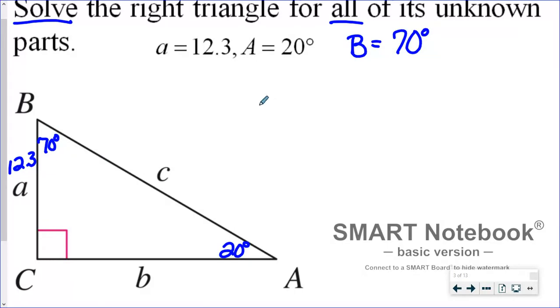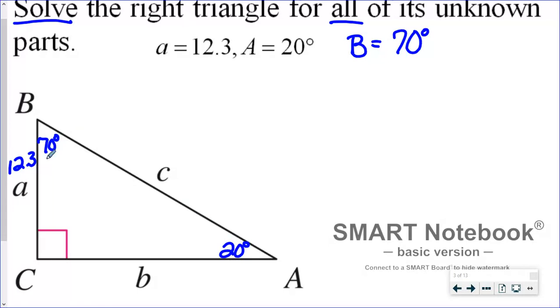Now from here, you have some choices. I'm going to go ahead and find side b first. There are a couple of ways that you can do this. You can pick whatever angle you want. It doesn't really matter. Now, in the future, especially when we get to oblique triangles and we have to find angles, sometimes we'll be rounding them.